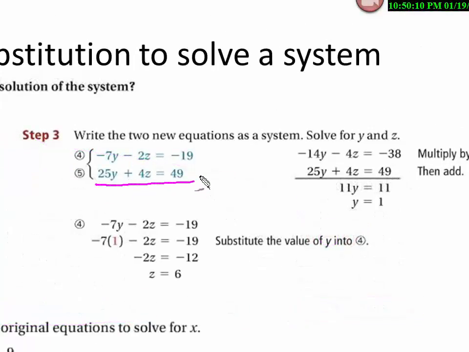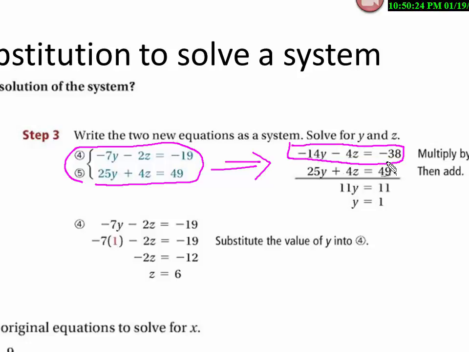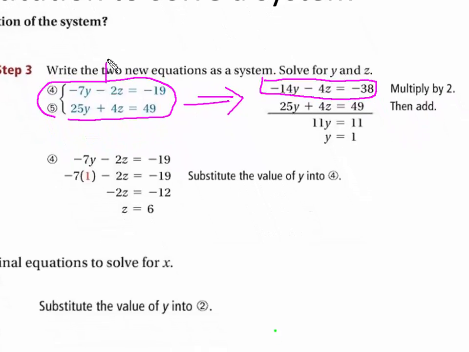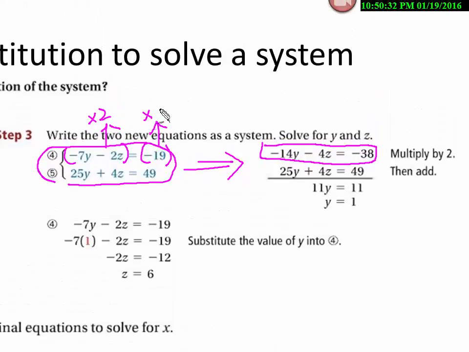Now that we have these two new equations, we're going to make use of them to solve for y. So remember equivalent systems. All we did here in equation 4 is multiply by 2 on both sides, the whole thing multiplied by 2 on the left and multiplied by 2 on the right.